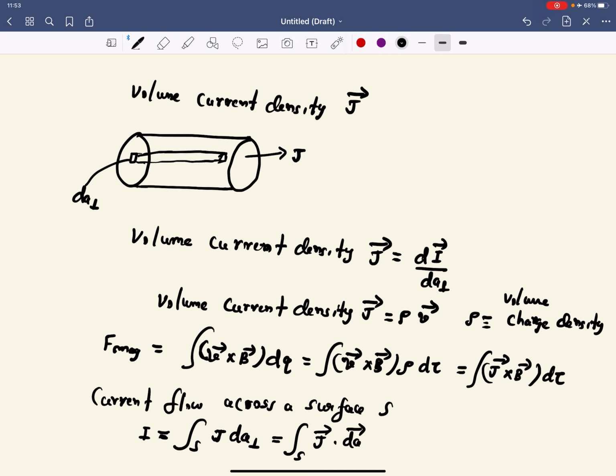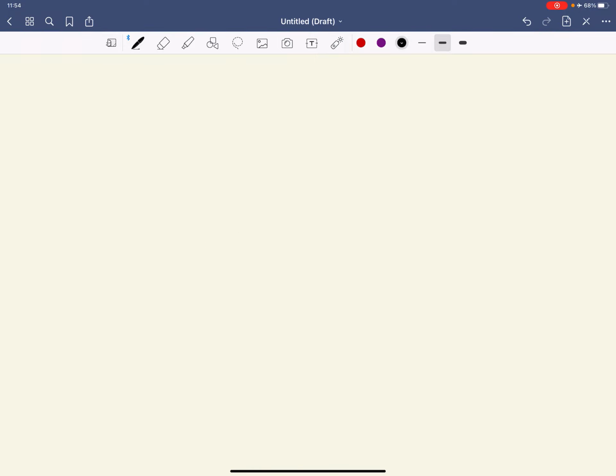Now let's also try to visualize this in terms of the actual flow of charges, in terms of the conservation of charge. If you consider this charge over a volume V, what is the total charge per unit time leaving the volume V?